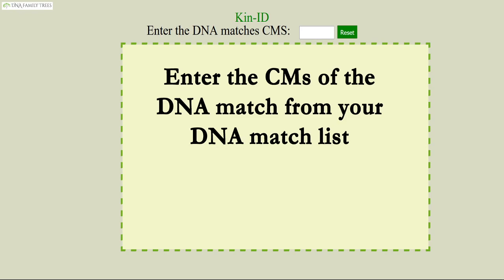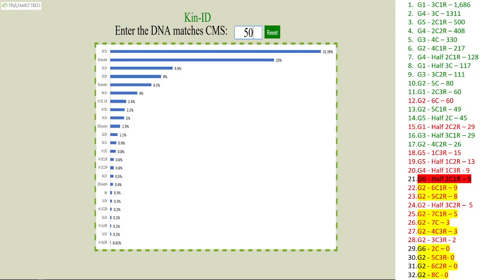What you do is really simple. You just enter the centimorgans of the DNA match from your DNA match list. And what it's going to do is pop up the chart of the likely kinships. Now, I wanted to show you how it is similar. It is also a bit dissimilar, like I said, because mine's taking in some multipathing factors and using different data sets.